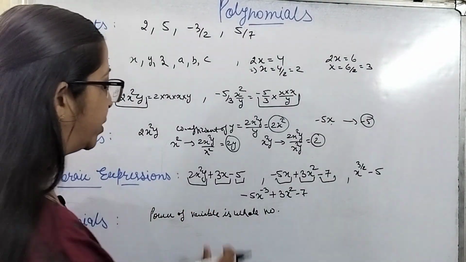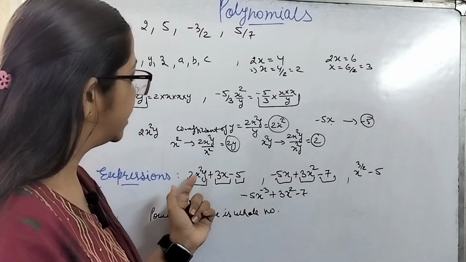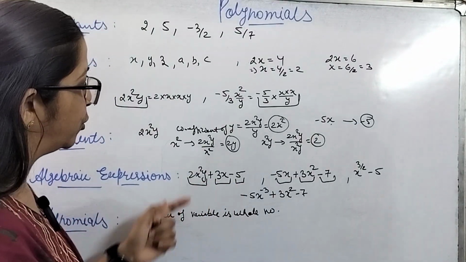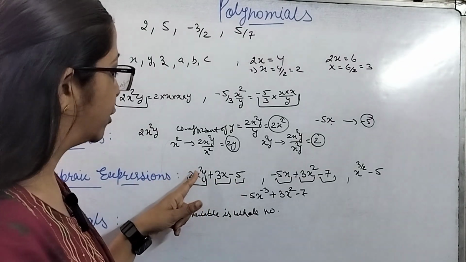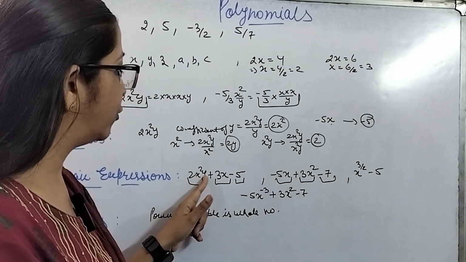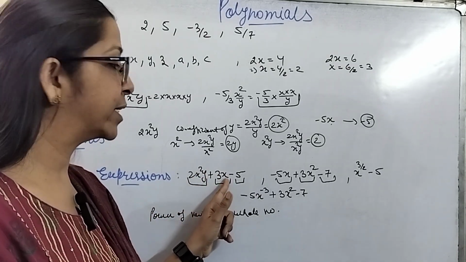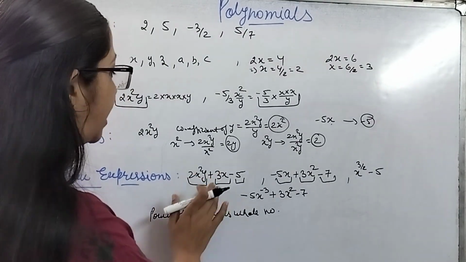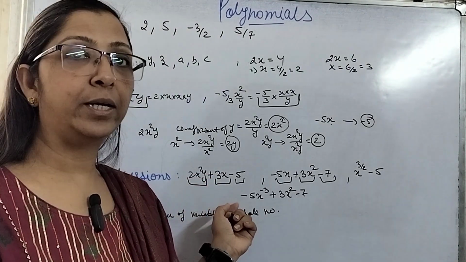If I look over here, in this, the variables are either x or y. These are the variables, and the power or the exponent of the variables is a whole number, because over here the power of x is 2, the power of y is 1. Here the power of x is 1. So it is a polynomial because the power of the variables is a whole number.